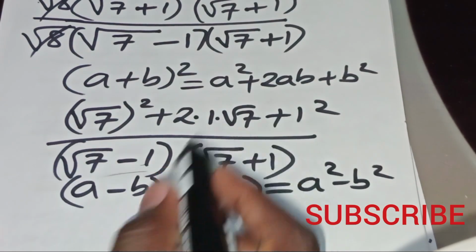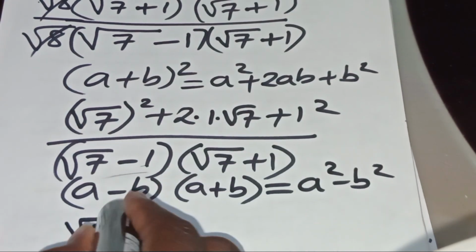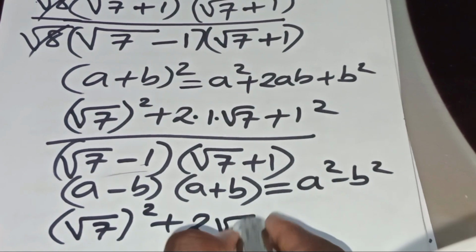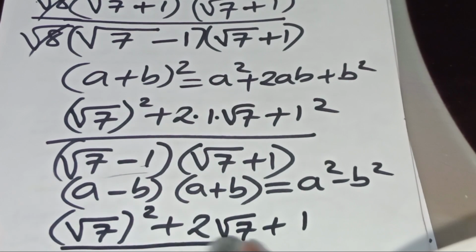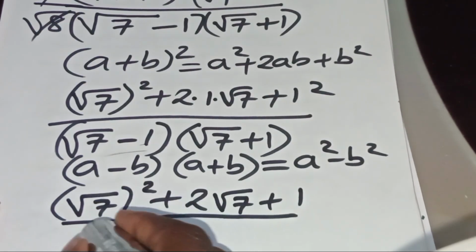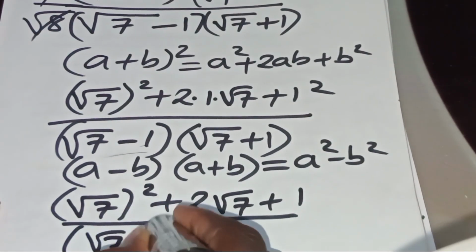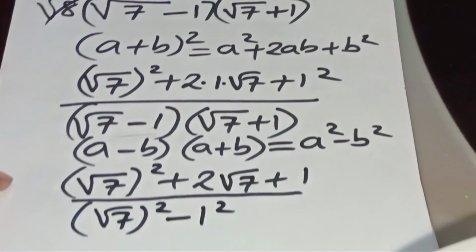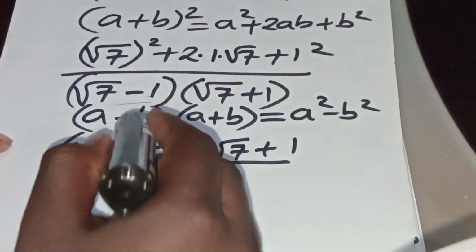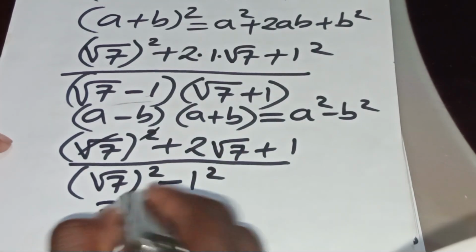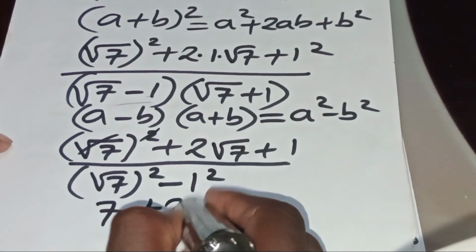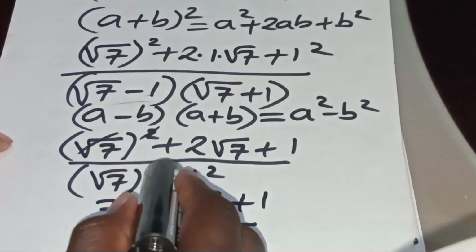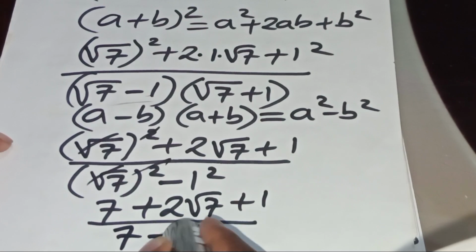In the numerator we have the square root of 7 squared plus 2 square root of 7 plus 1, all divided by the square root of 7 squared subtract 1 squared. In this case, the square root of 7 squared is 7, plus 2 square root of 7 plus 1, divided by 7 subtract 1.